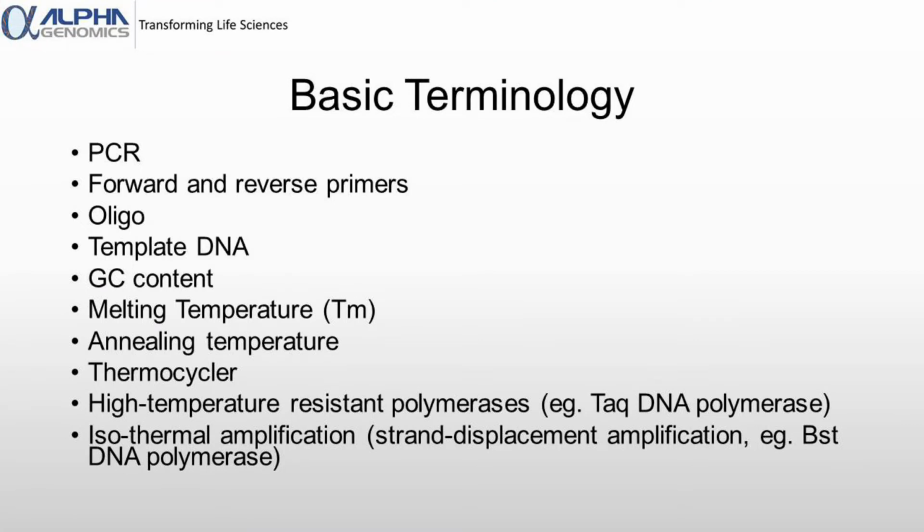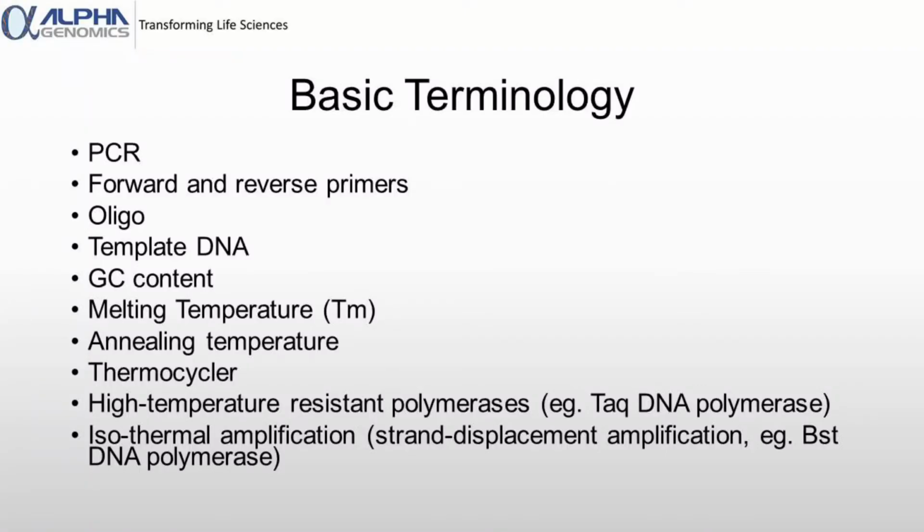Thermocycler is the machine which is used to carry out this polymerase chain reaction. There are some high temperature resistant polymerases, like the Taq polymerase. Taq polymerase is derived from Thermus aquaticus, which is basically a thermophile bacterium, and the DNA polymerase extracted from Taq is resistant to high temperatures.